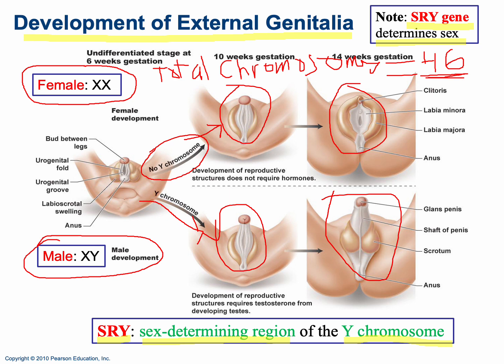And how this works is dad will donate 23 chromosomes, while mom will donate 23 chromosomes. Ultimately 46. Some chromosomes are non-sex chromosomes, while others are sex chromosomes.